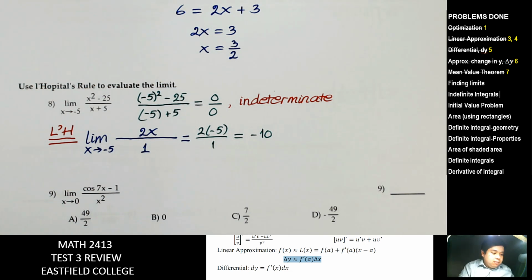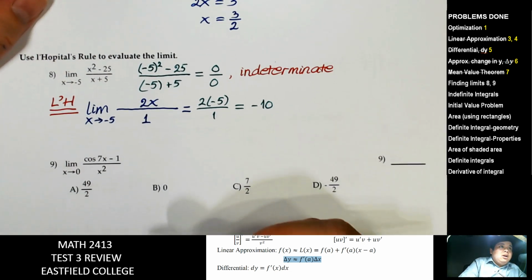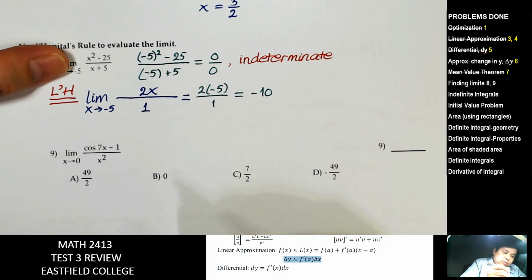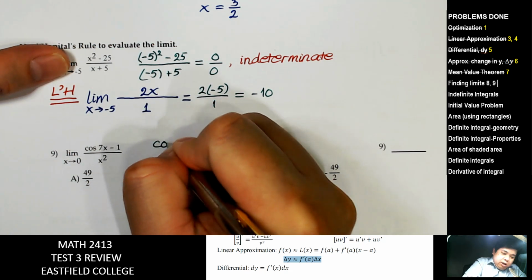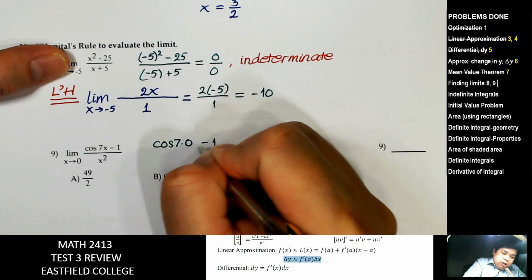Next, we do the same thing. So first thing we put in 0: cosine of 7 times 0 minus 1.